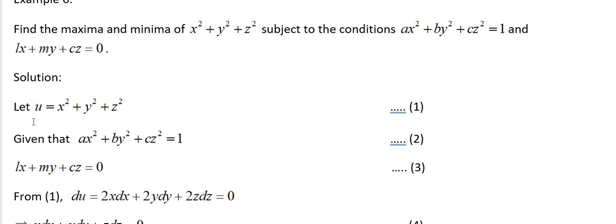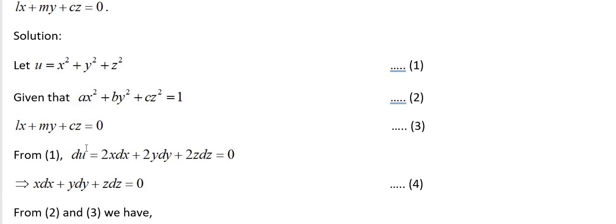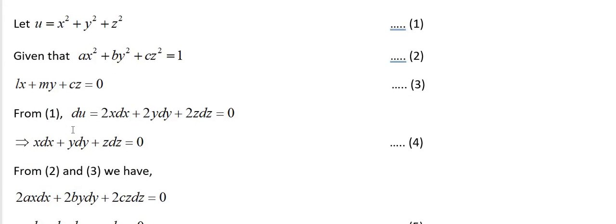Observe, here I am taking u equal to x square plus y square plus z square. This is one equation, ax square plus by square plus cz square equal to 1. Take this as 2. Next one, lx plus my plus nz equal to 0, as equation 3. Now I am going to find the du value. du equal to 2x dx plus 2y dy plus 2z dz.